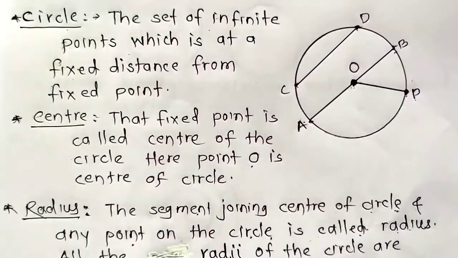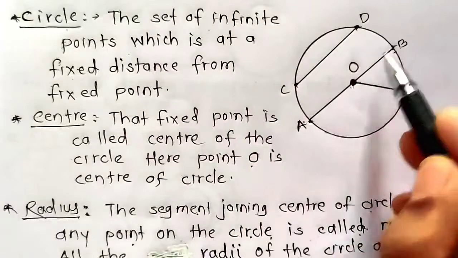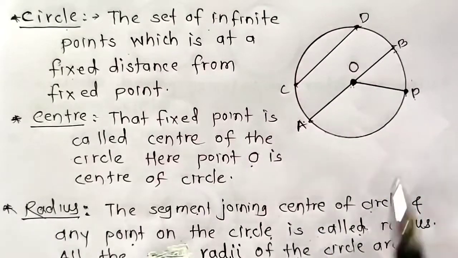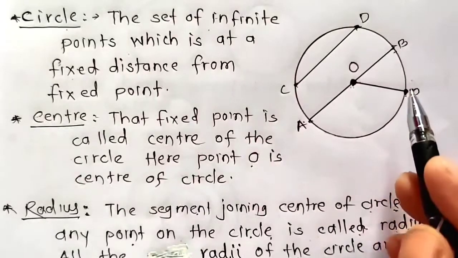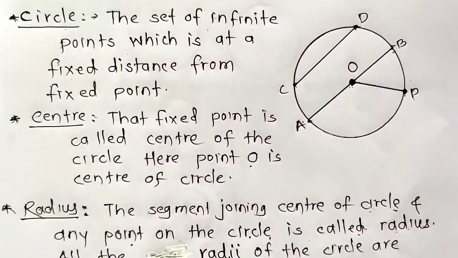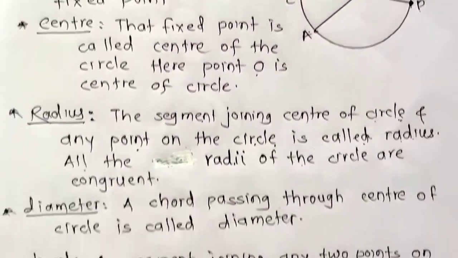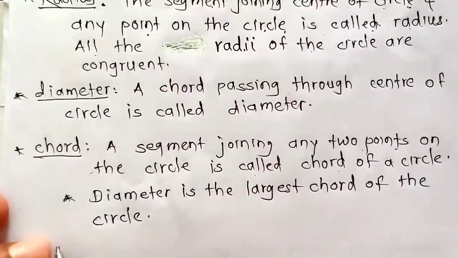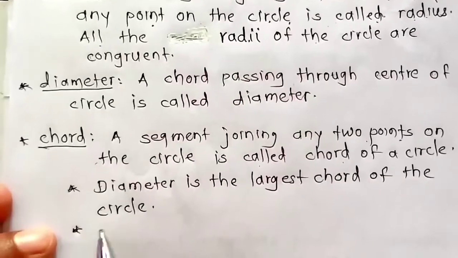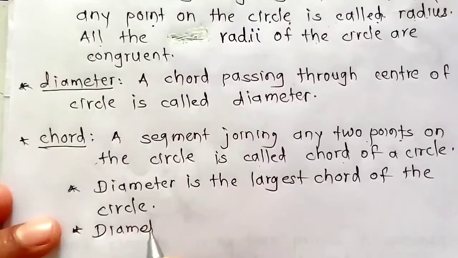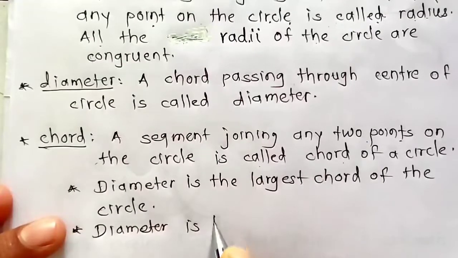These are the properties of diameter: the first property, diameter is the largest chord of the circle, and second, diameter is twice the radius.